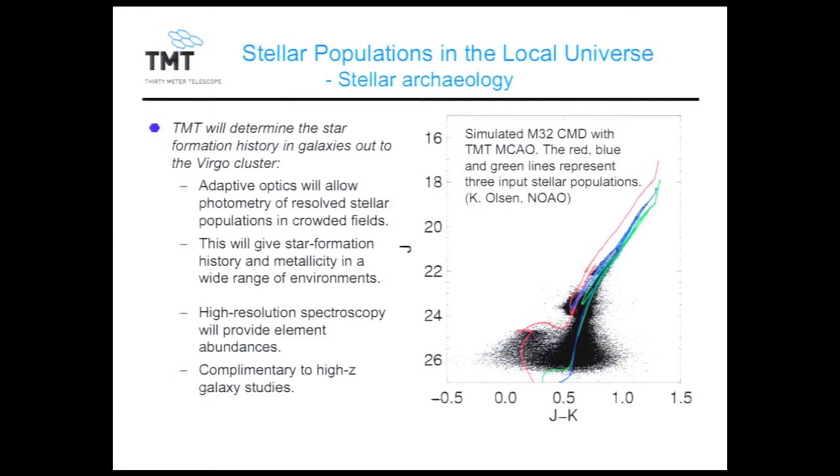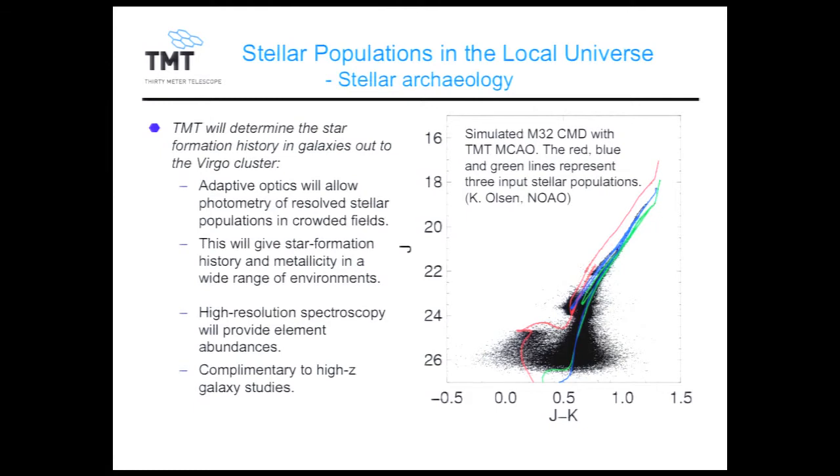This is an important topic for astronomers to try to understand how the star formation history of the universe has evolved with time. And there are two ways. One is to look at objects that are very, very far, and the other is to look at objects that have stars that were born a long time ago, and try to understand how this star formation history came from the past to the present.